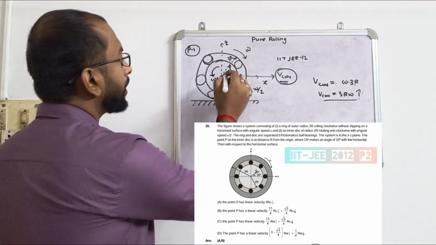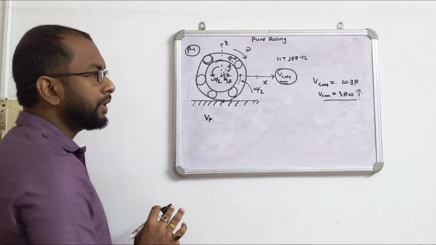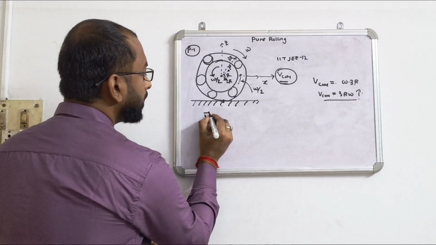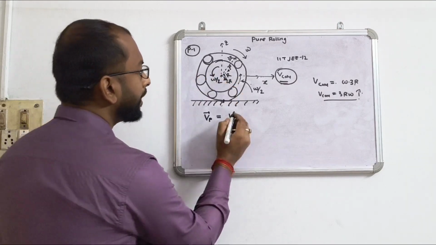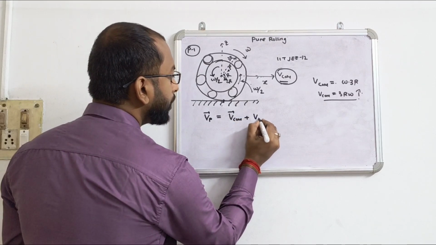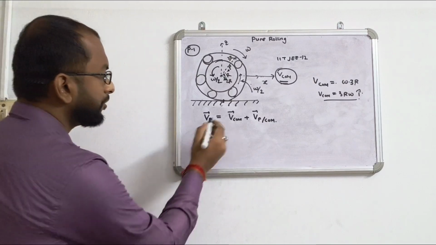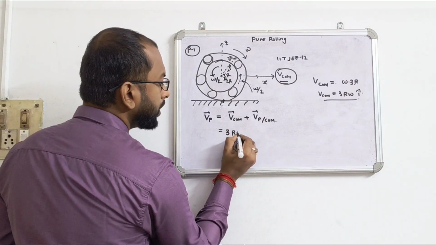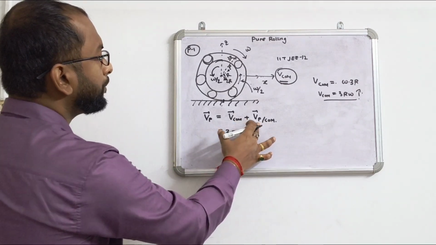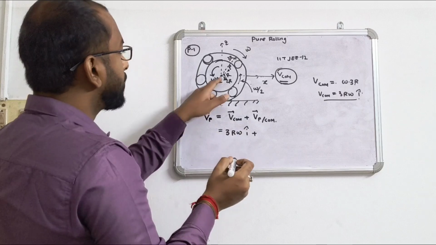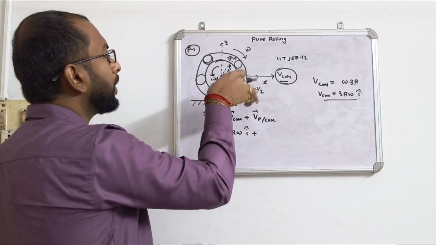Then we have to find the velocity of the point P. The velocity of point P is the velocity of the center of mass plus the velocity of P with respect to the center of mass. We have already found the velocity of the center of mass, 3r omega i. With respect to the center of mass, the inner ring is rotating with angular velocity omega by 2.